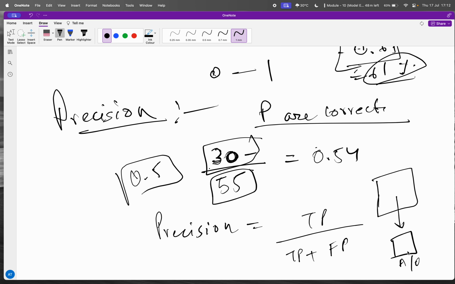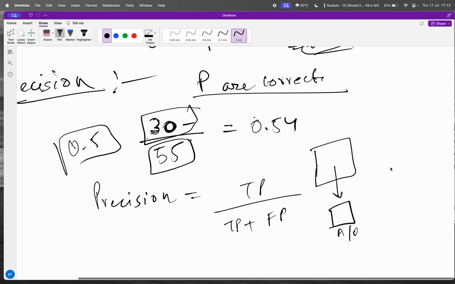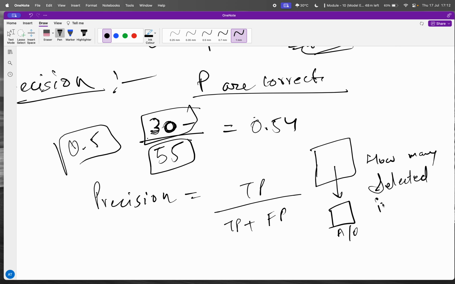So this is how you can state it, like how many selected items were relevant, like what actually was true.